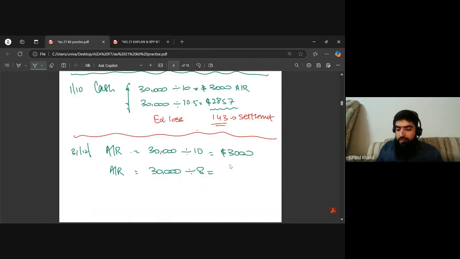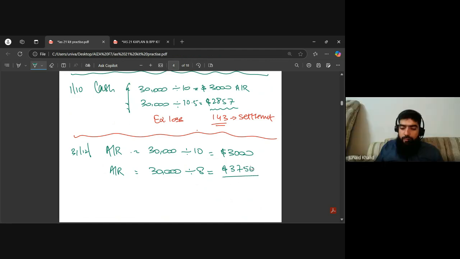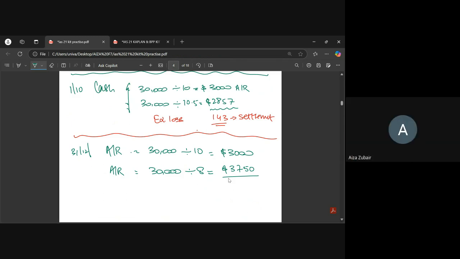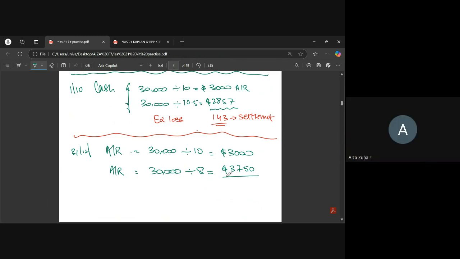So 30,000 divided by 8 is 3750. Now, whether the account receivable is increasing or decreasing? It has increased. It has increased by 750.